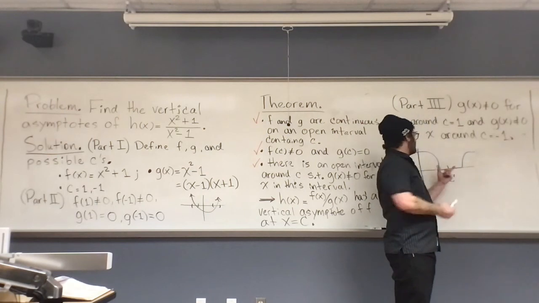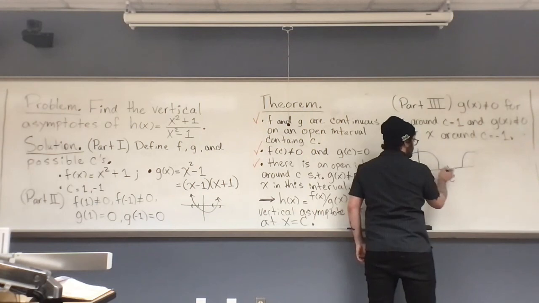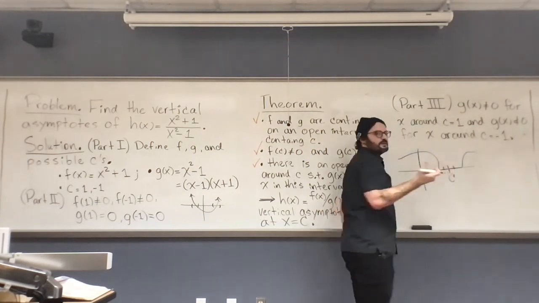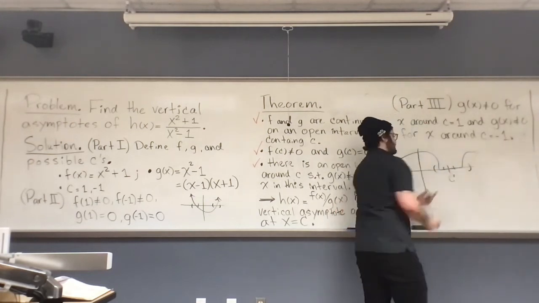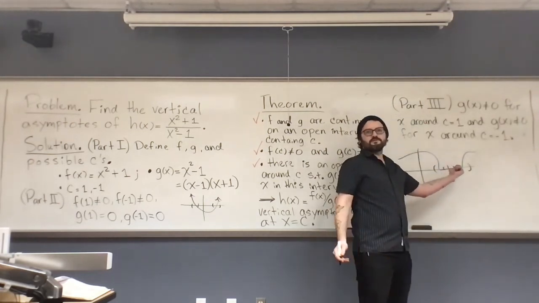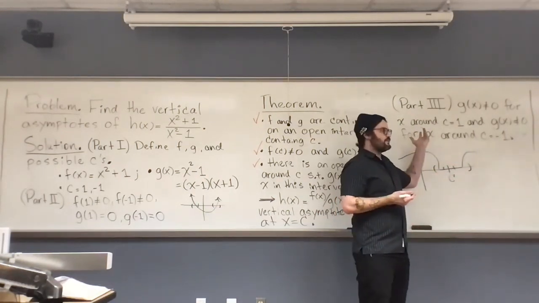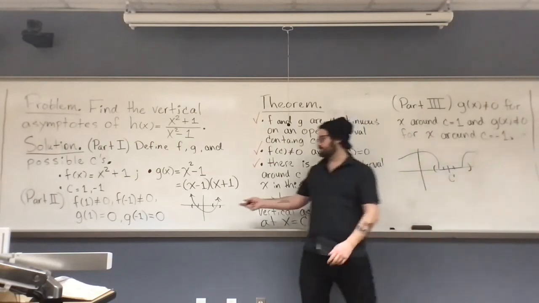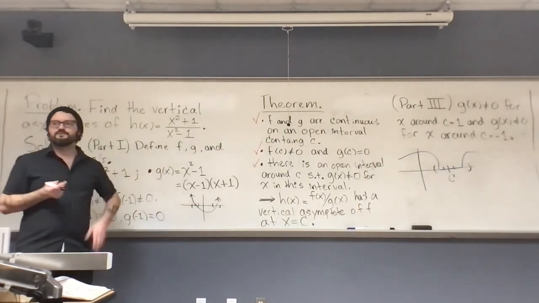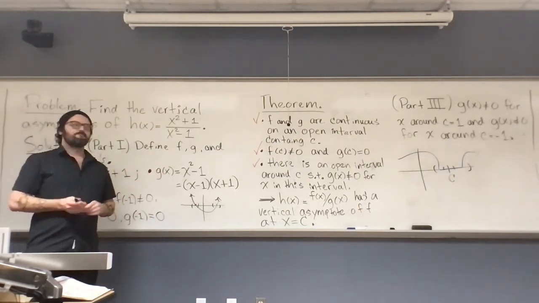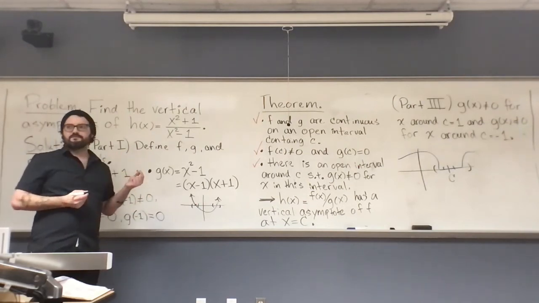It doesn't matter how big of an interval you put around C, this interval is going to be 0 everywhere in there. All of those x's are going to be 0. So this would be a case where you couldn't satisfy part 3. Over here, with our G, it only passes through 0 quickly at those points. It's bad when it's 0 all over the place.